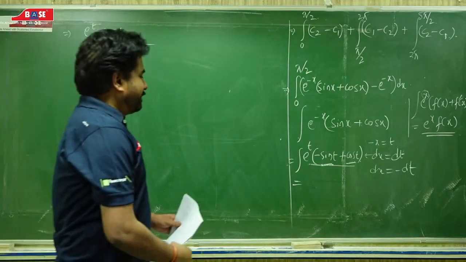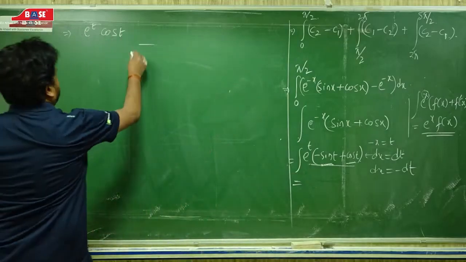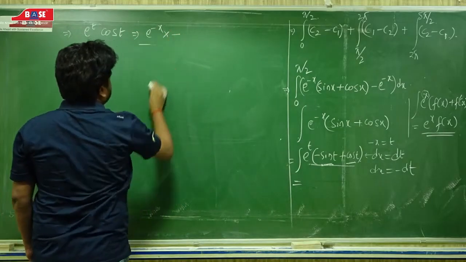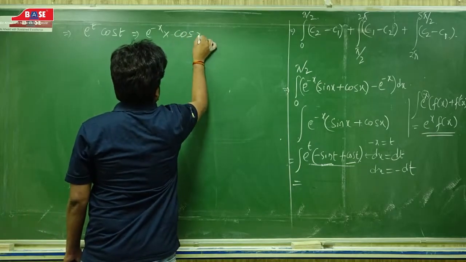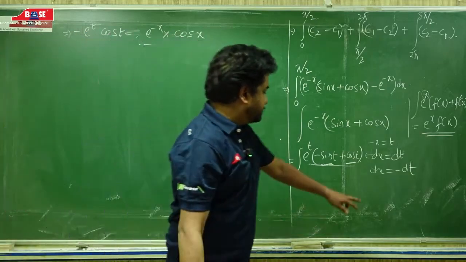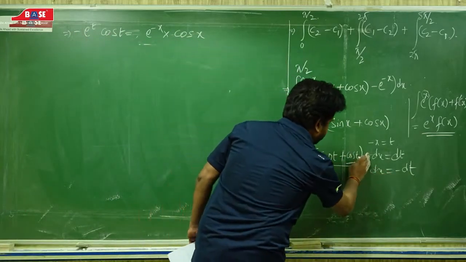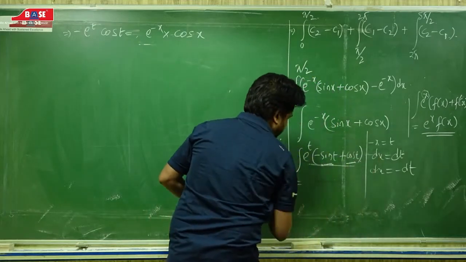Now no need to change the limit and all, just replace t by minus x again. So we'll get e power minus x into cos of minus x, and cos of minus x will be cos x. And one negative also we will get because our dx becomes minus dt, so this will be minus.